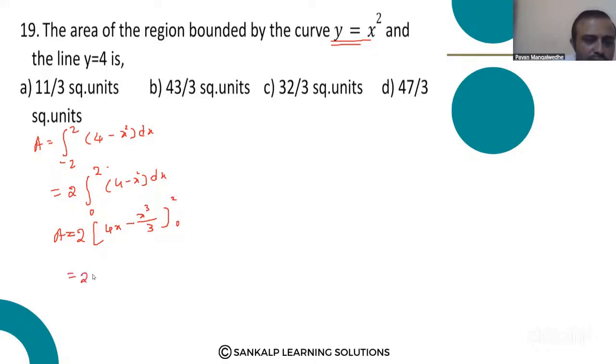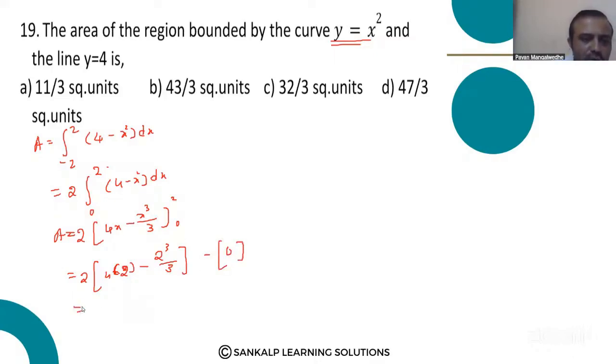So that is 2 into 4x, where x is 2, minus 2 cube by 3, minus 4 into 0, everywhere it is 0, so minus 0.